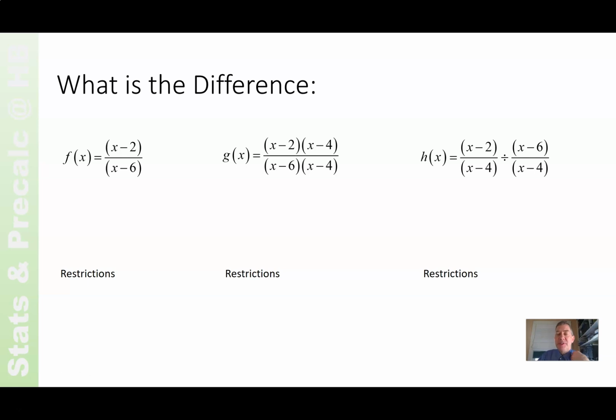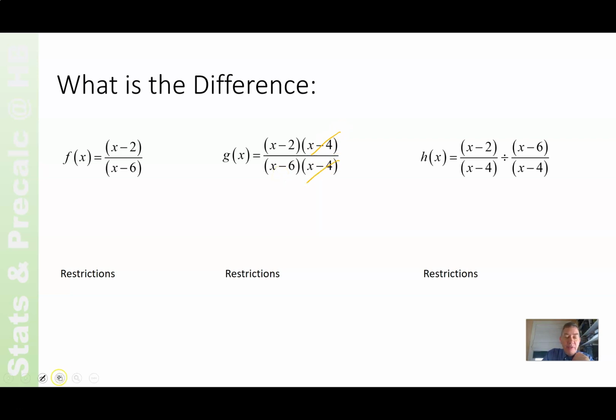We have three functions here, and they all look like they ought to be the same as I'm looking at this. I've got x minus 2 over x minus 6. Here I have x minus 2 times x minus 4 over x minus 6 times x minus 4, which you say, ooh, look, I can simplify and it would be the same.